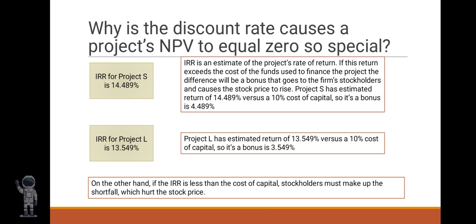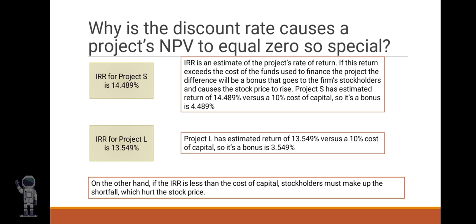So, for further explanation, why does the discount rate cause a project's NPV to equal 0? We saw that project S has an IRR of 14.489%. So, IRR is an estimate of a project's rate of return. If this return exceeds the cost of funds used to finance the project, the difference will be a bonus that goes to the firm's stockholders and causes the stock price to rise.